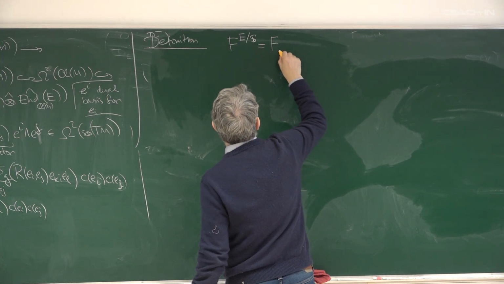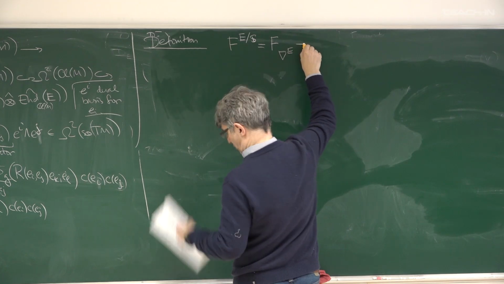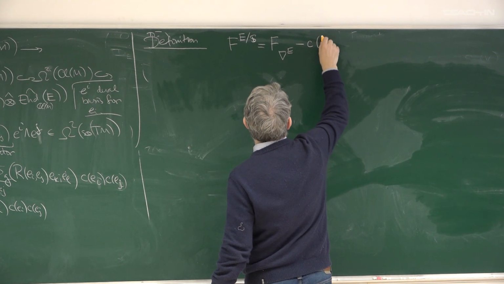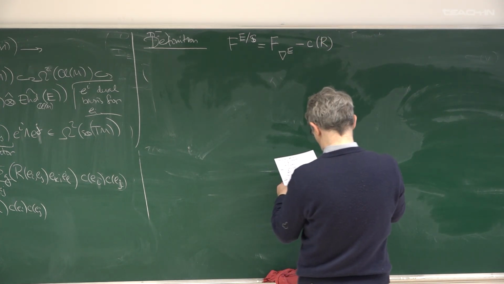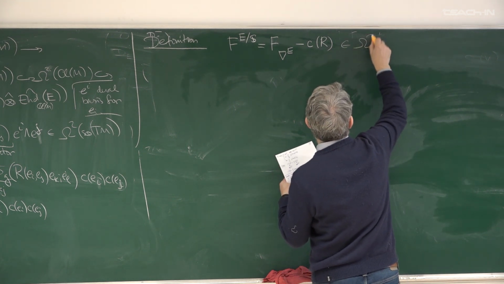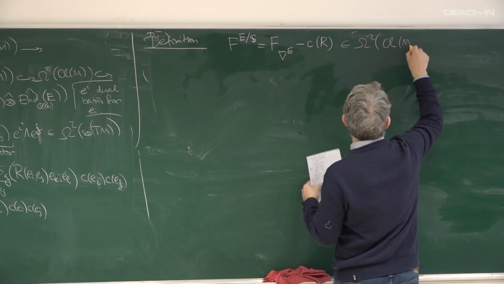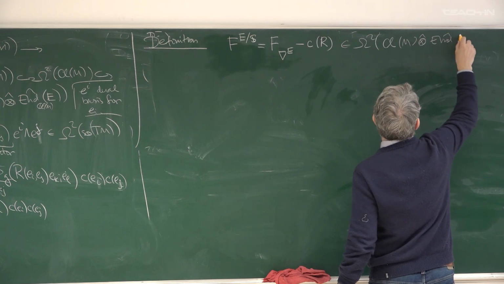We take the curvature of the connection nabla E and we subtract from it C of R, the thing which is defined there. This will belong to differential forms with values in the endomorphisms of E.